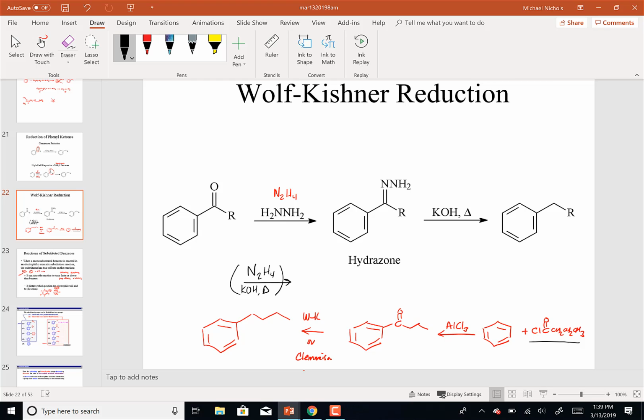So, okay. At this point, these are some of the methods that we can use to form E pluses that can add to the benzene ring. And that's all we need to do. If I want to add a group to the benzene ring, I just need to create that E plus.